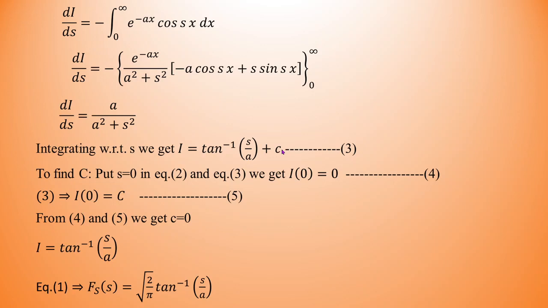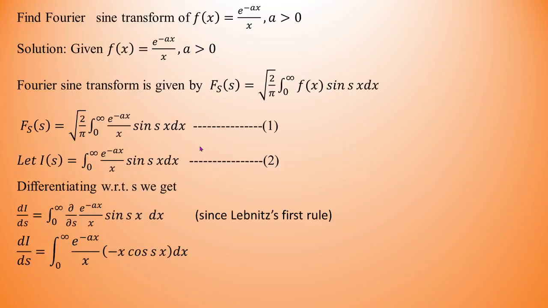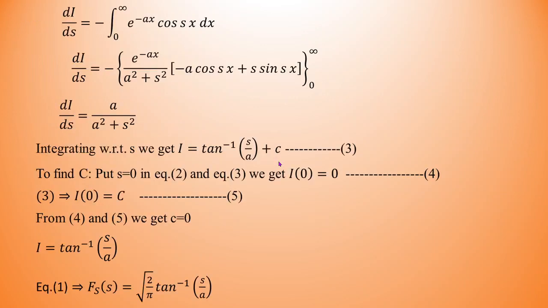Again, I wish to obtain this constant of integration. So according to the definite differentiation on the integral side, we will put s equal to 0 in equation 3 as well as in the equation which we denoted in the beginning by I of s, that is equation number 2. In equation number 2, we get I of 0.